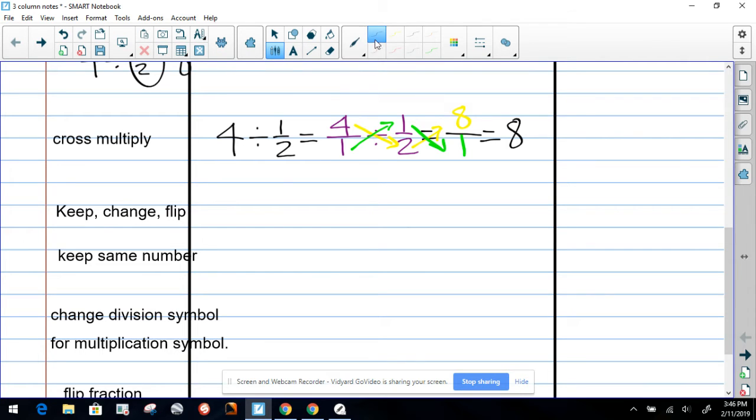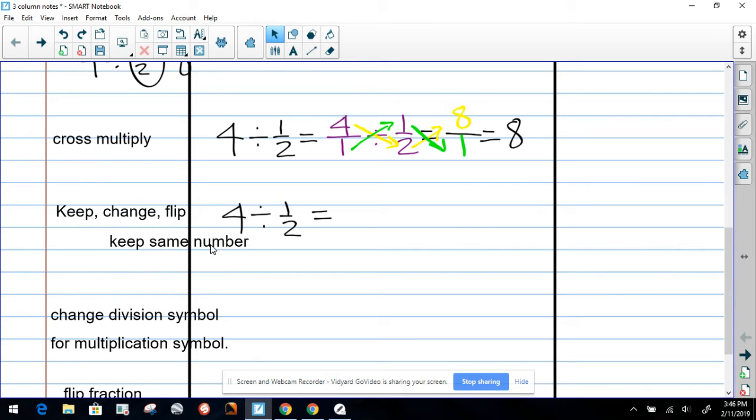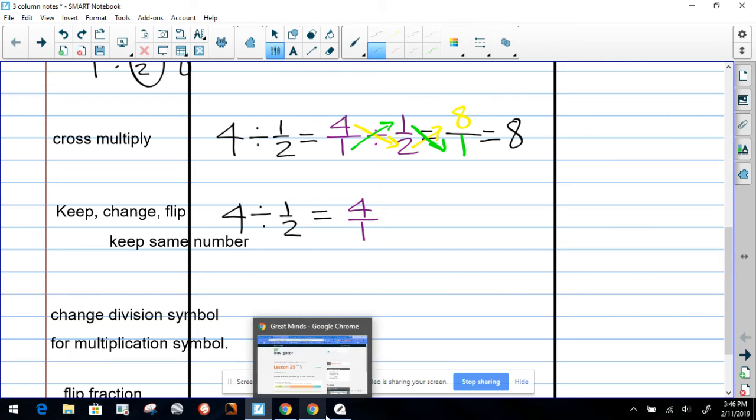All right, let's do one with keep, change, flip. Let's write the problem again. So 4 divided by 1/2. So what are we going to keep? We're going to keep the same number, this number 4, but this time we're going to give it a denominator.